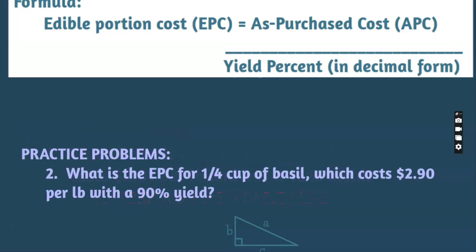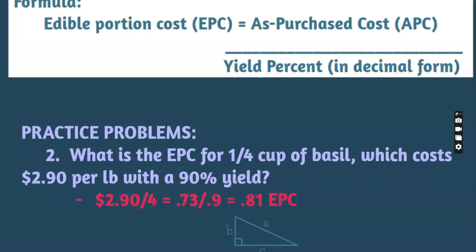All right, and now the last one. What is the EPC for a quarter cup of basil, which costs $2.90 for a pound with a 90% yield? How are we going to set this up? Because it's a quarter cup, let's think about this. We're going to take our as purchased price of $2.90 for your basil, because that's how much it is for a pound, and divide that by 4, and we get, rounded up, 73 cents.